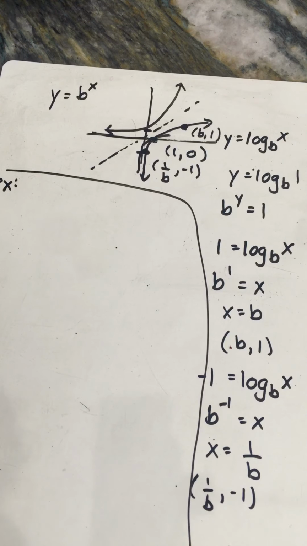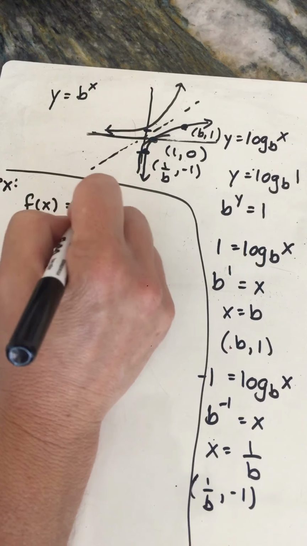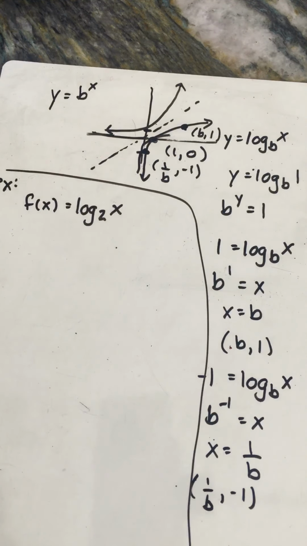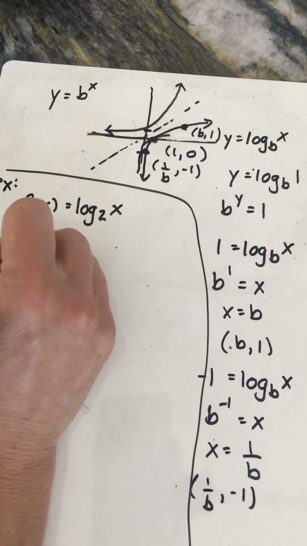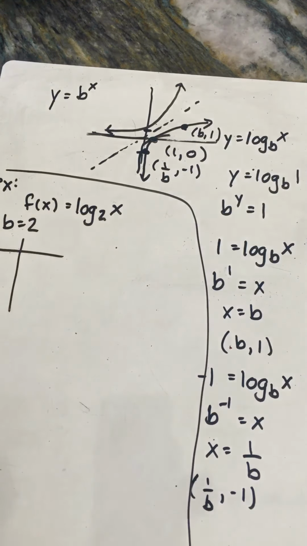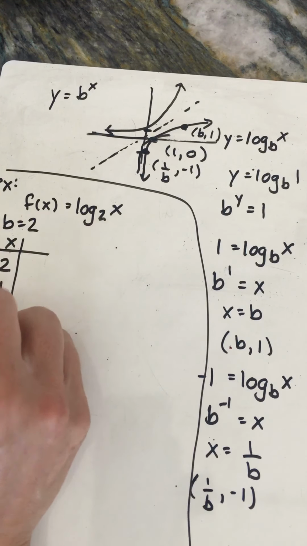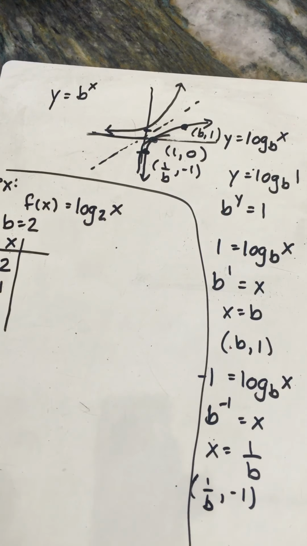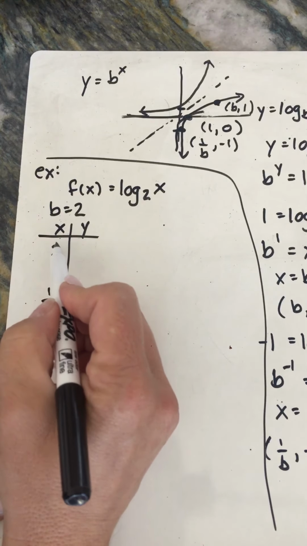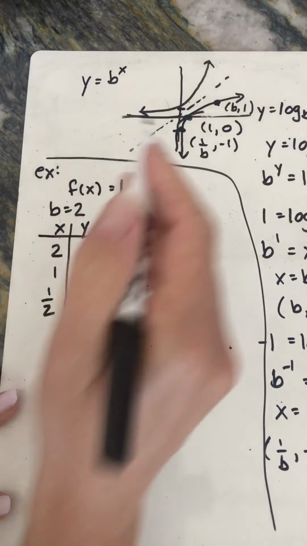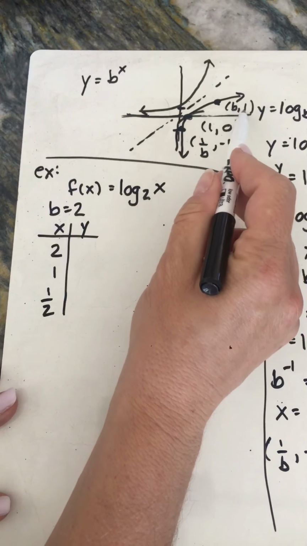All right, so we're going to graph f of x equals log base 2 of x. Not too bad. And our b is equal to 2 in this case. So if I draw a little table, my x coordinates will be 2, 1, and a half. Sorry, our y coordinates. Well, when x is 2, that means that we'll be at 2, 1.